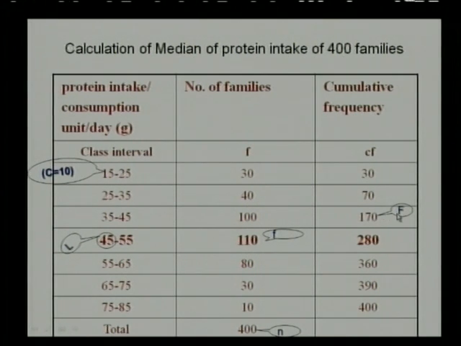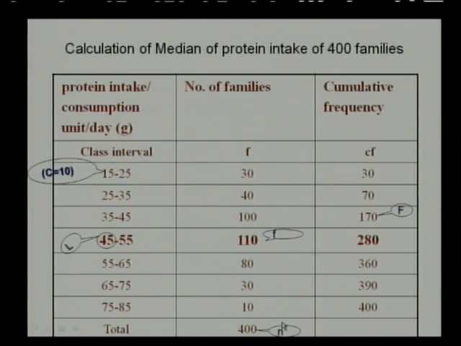This is the F, capital F I have written, which is the cumulative frequency of the class preceding the median class, because my median is covered in this class. So 45 to 55 is called the median class. And this is the frequency of the median class. N at the bottom, if you can read, is 400. This is N, the total frequency.